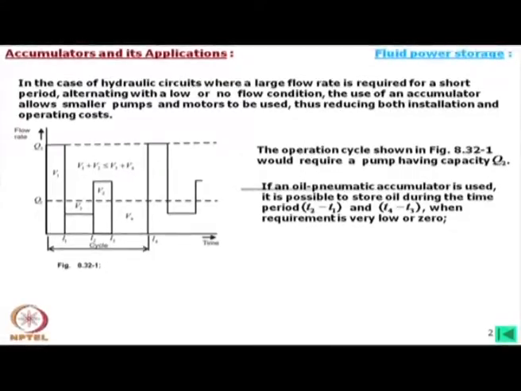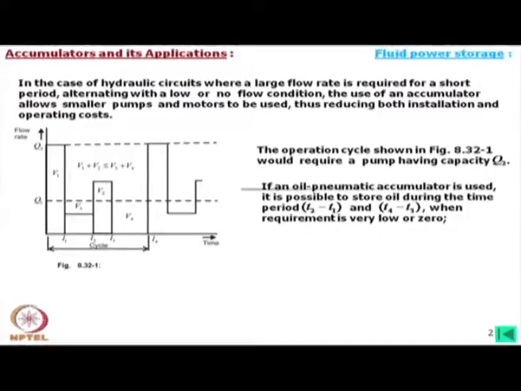Okay. There might be a separator, that means inside this accumulator there might be another bladder in which the pneumatic or air may be there, or it might be open, that means oil can have direct contact with the air.